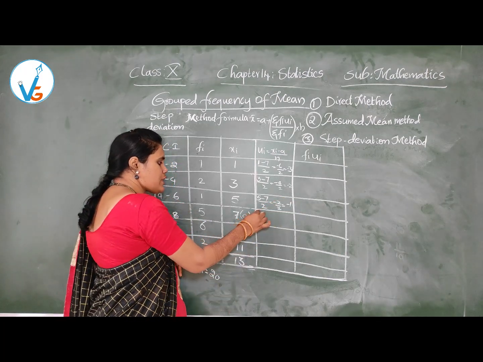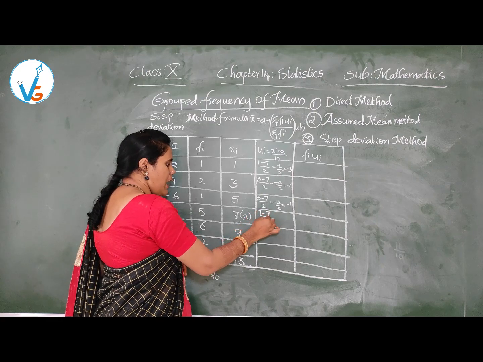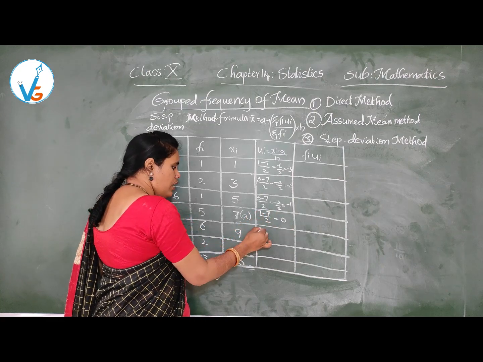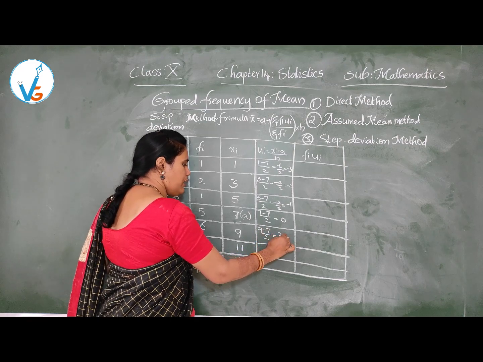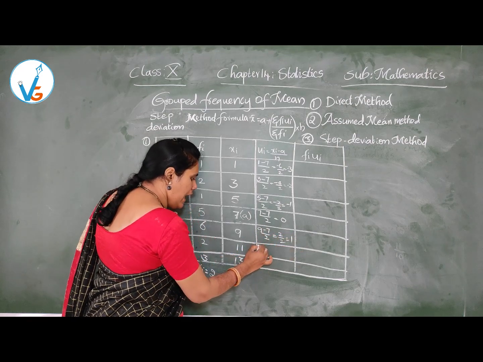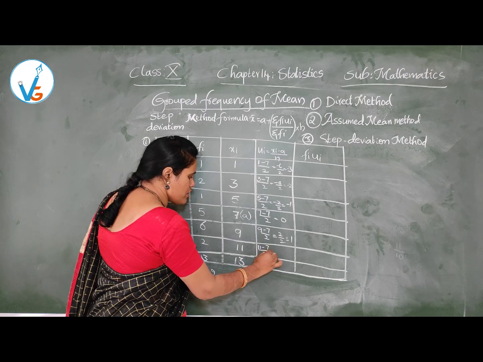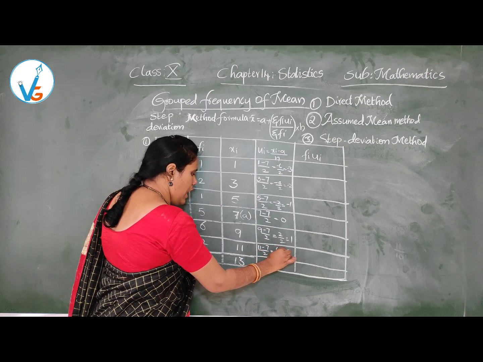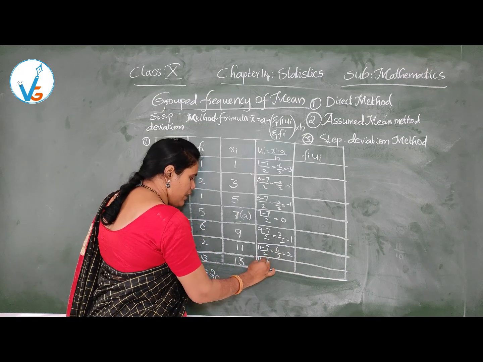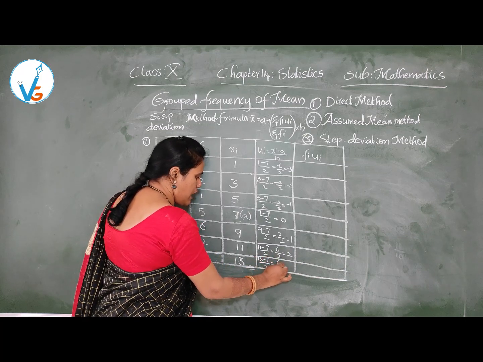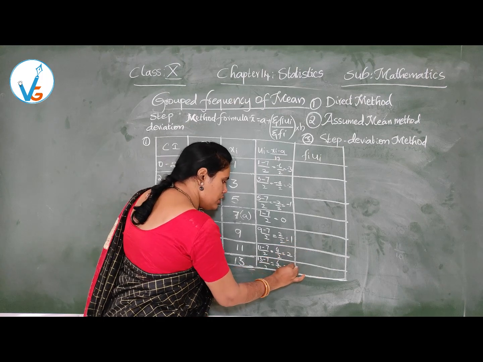Next, the next one is 7 minus 7 by 2, which is equal to 0. Next 9 minus 7 by 2, which is equal to 2 by 2, which is 1. And 11 minus 7 by 2 is equal to 4 by 2, and it is equal to 2. And 13 minus 7 by 2 is equal to 6 by 2, which is equal to 3.